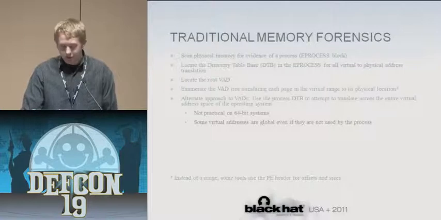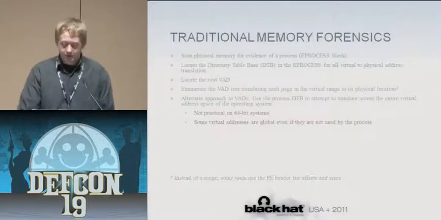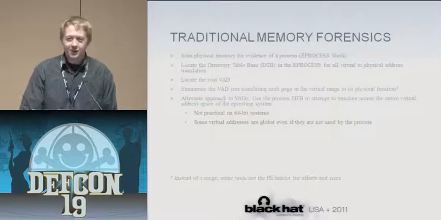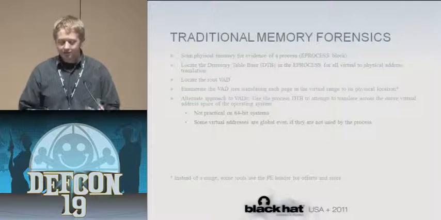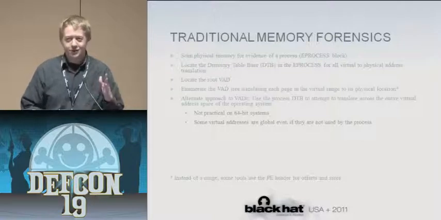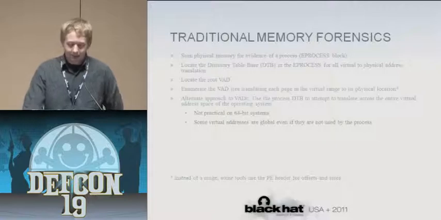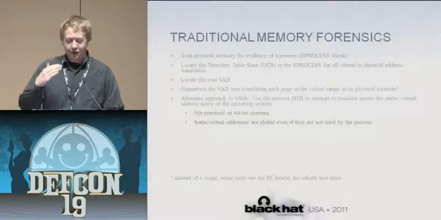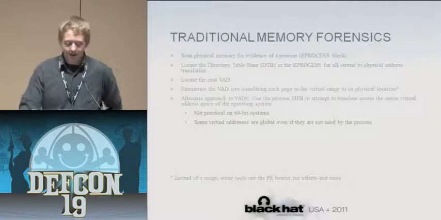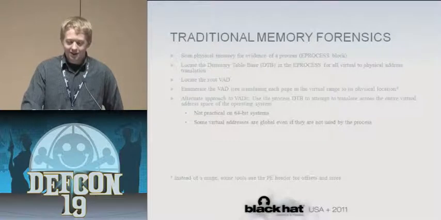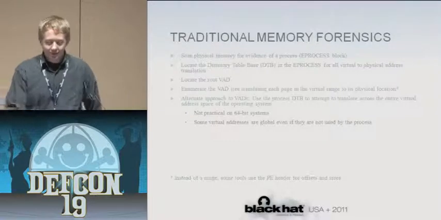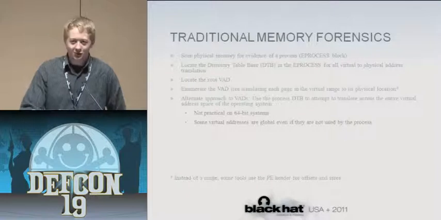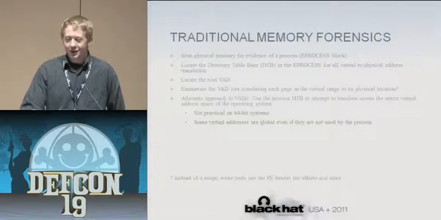An alternate approach is to just use the DTB to translate, basically brute forcing the whole address space. It starts at a beginning address and goes all the way through to the end. And this has its limitations, really. On a 32-bit system, this pretty much works because you've got an upper bound of about 4 gigabytes.